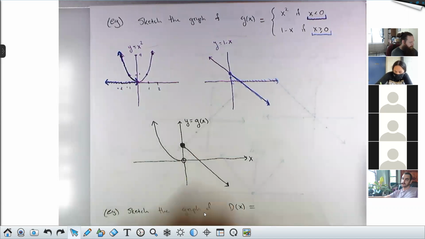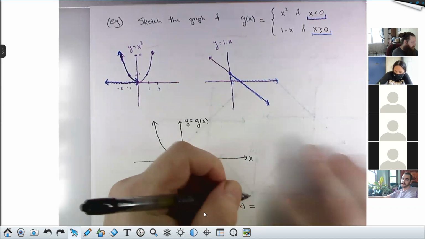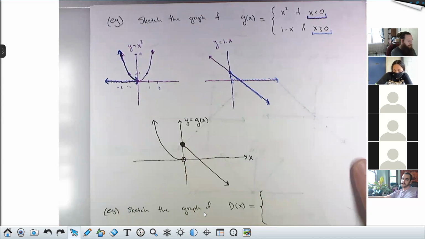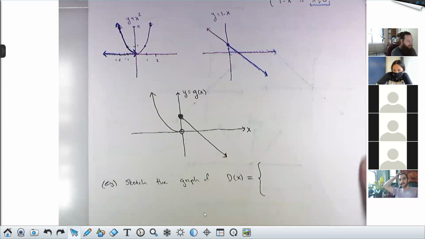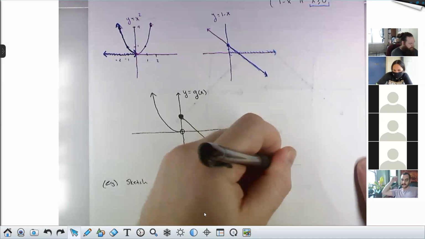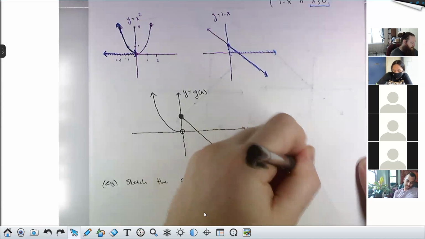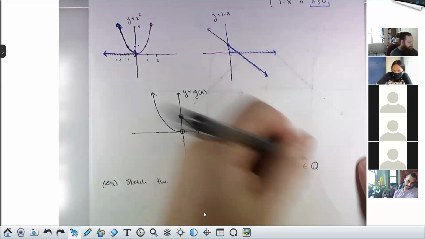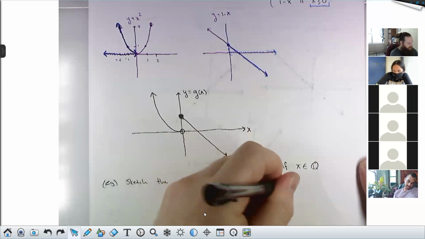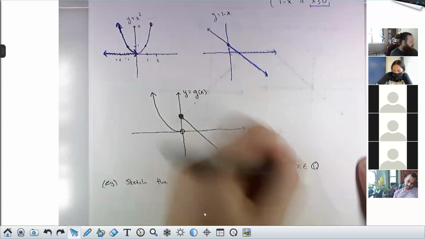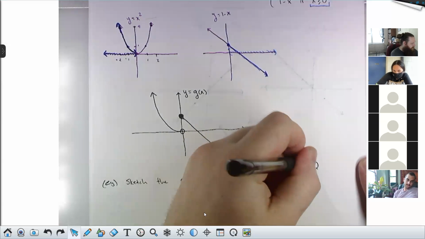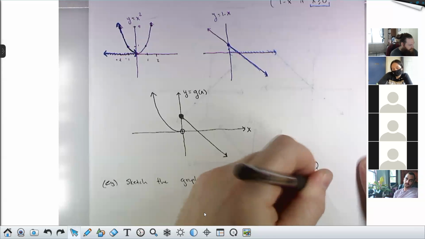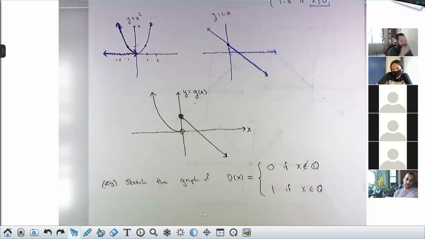D here stands for the name Dirichlet, or Dirichlet if you claim him as a German, but most people claim him as a Frenchman. This is equal to 0 if x is rational, equal to 1 if, actually, x is not rational. Yeah, indicator for rationals. 1 if x is rational.